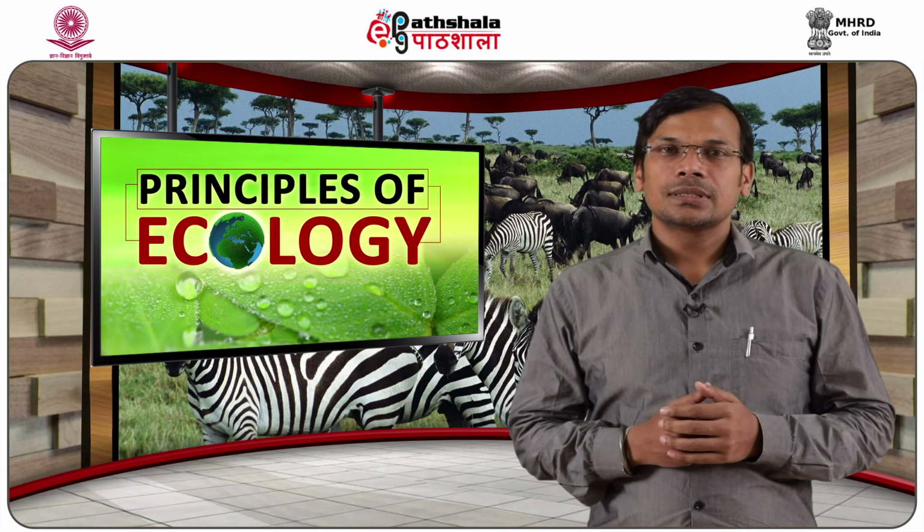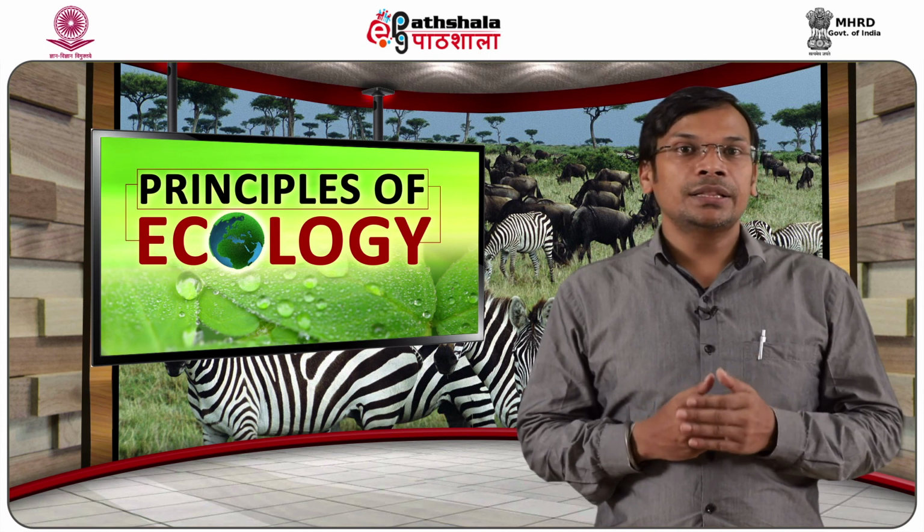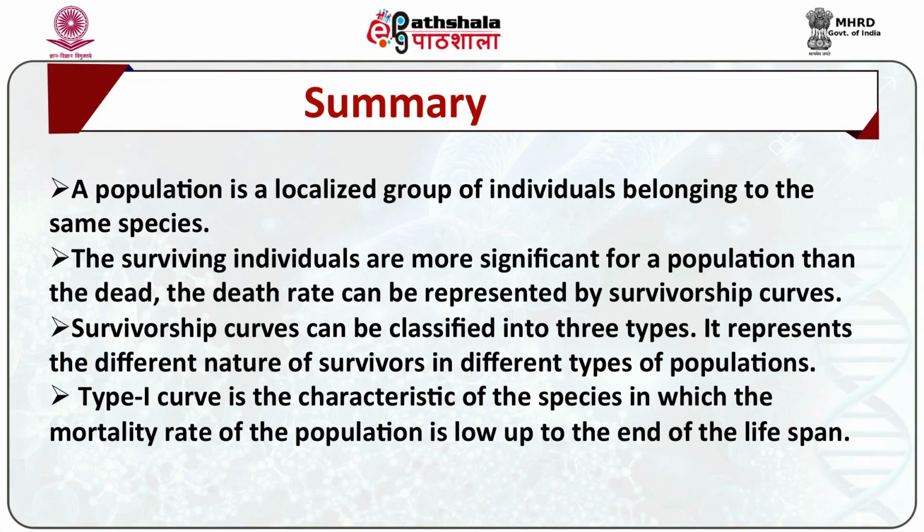Now, students, let us summarize what we have studied in this module. A population is a localized group of individuals belonging to the same species. The surviving individuals are more significant for a population than the dead.